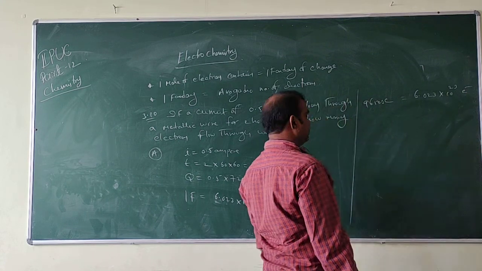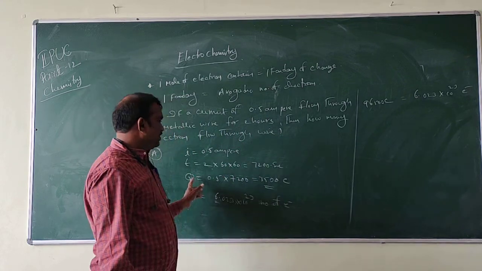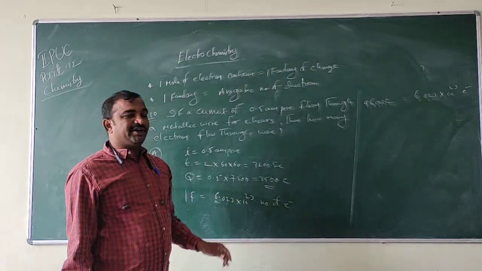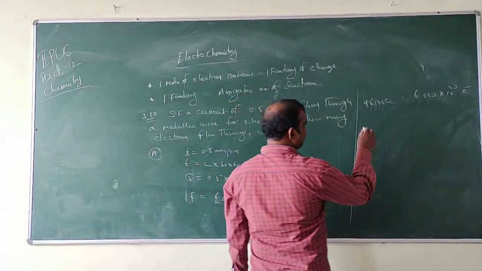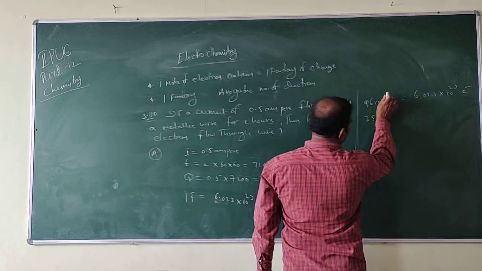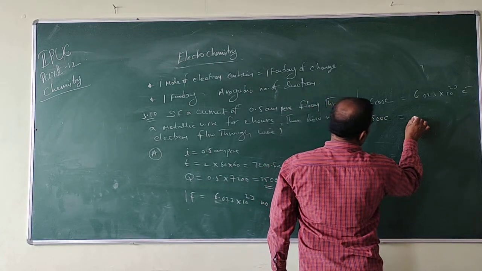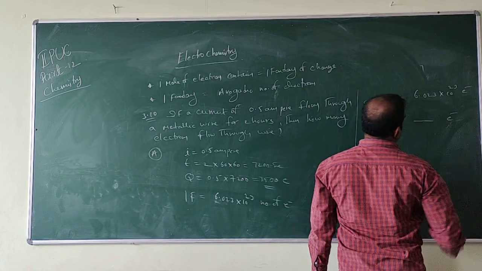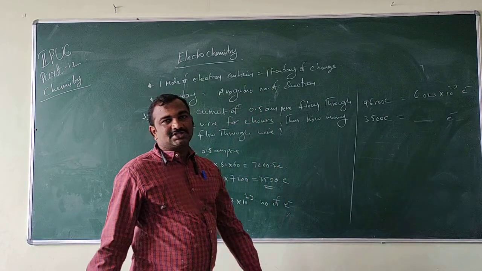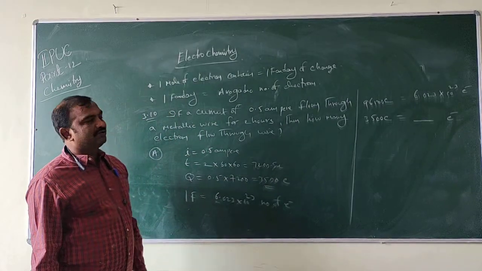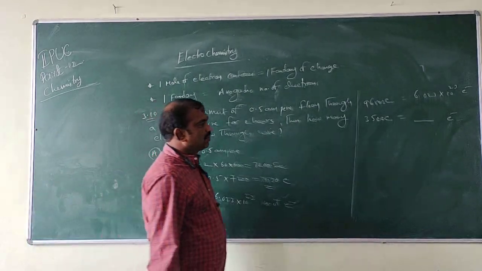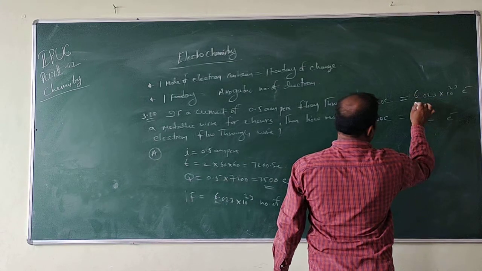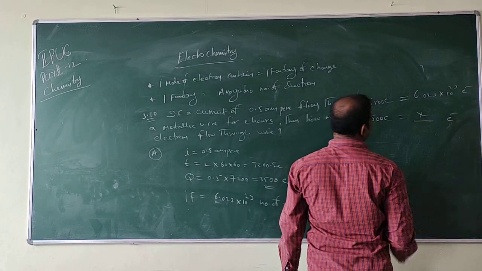But look here, he asked for 3,500 coulombs. So for 3,500 coulombs, how many electrons can flow through the wire? We have to calculate how many electrons, so take this as x.